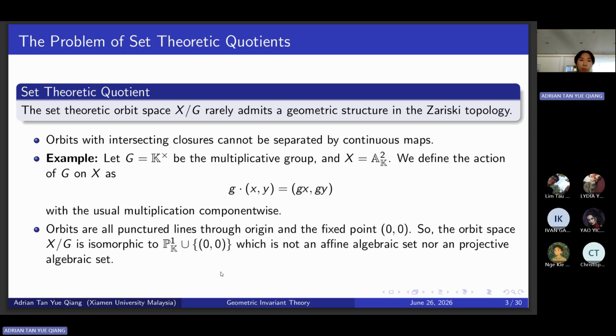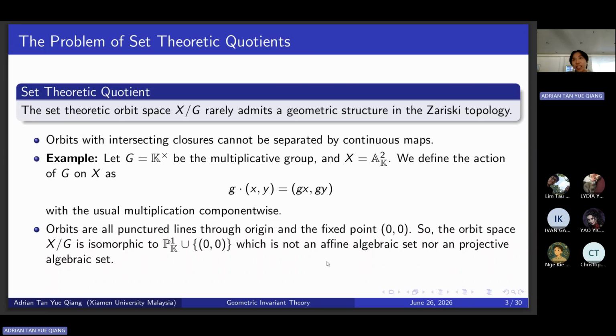For example, if we let G be the multiplicative group, and we take the action to be defined like this, G times (x, y) is normal multiplication. We see that all the orbits are the punctured lines that go through the origin, and at the point (0, 0) it is a fixed point.